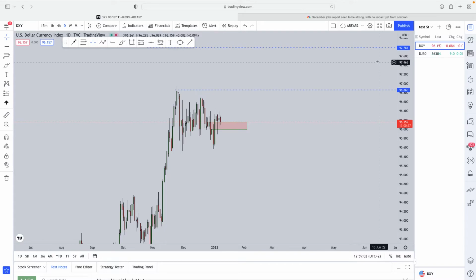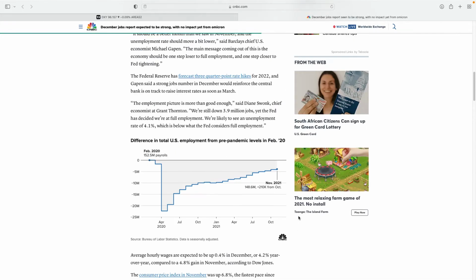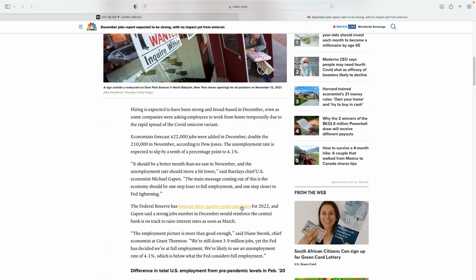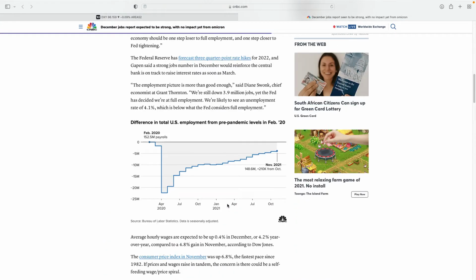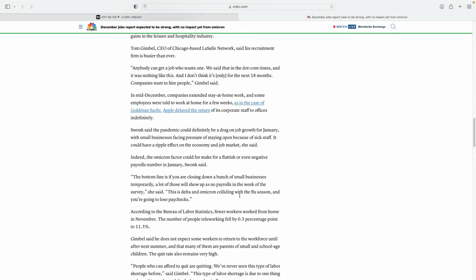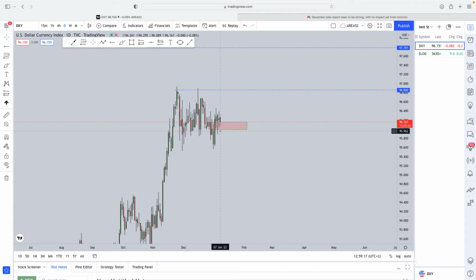And then we've got the interest rates that they have spoken about somewhere here as well. If you want to, you can go over to CNBC and go over the report as well. They do speak about the interest rate hikes that are coming, which are obviously going to strengthen the dollar. So we can expect NFP to be positive today.